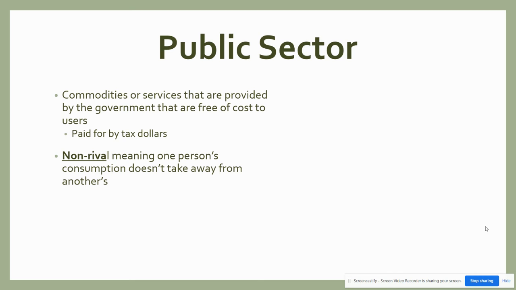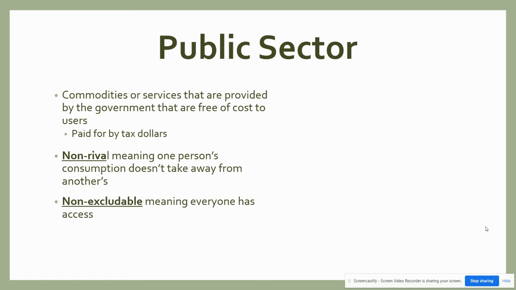So, for example, if I walk down the sidewalk out in front of the school, that doesn't mean that sidewalk is gone because I walked on it. It is still there, still available for anyone else to walk on. That makes it non-rival. If it's something that you can look at, that you can use, and then that is available to someone else, that fits in this category.